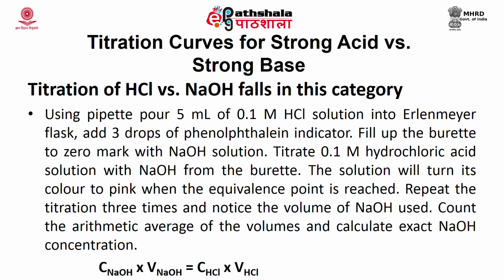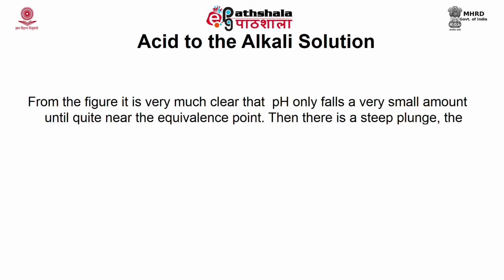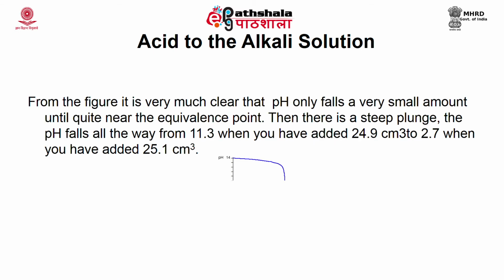Acid to alkali solution. From the figure, or from the graph of pH versus volume of acid added to the alkali solution, it is very clear that pH only falls a very small amount until quite near the equivalence point.